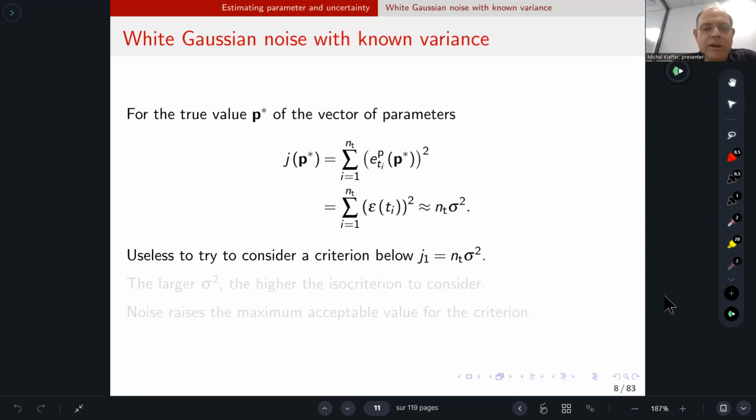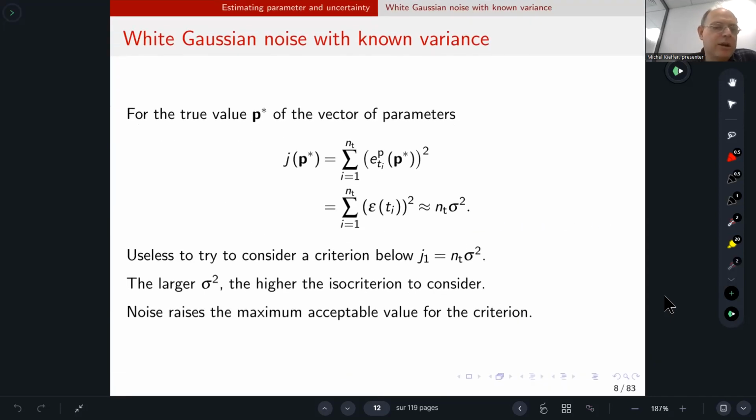So this is interesting because it is useless to try to consider a value of the criterion below nt sigma square. And we also observe that the larger sigma square, the higher the isocriterion we have to consider if we want to characterize the confidence region. So the noise, in fact, raises the maximum acceptable value for the criterion.